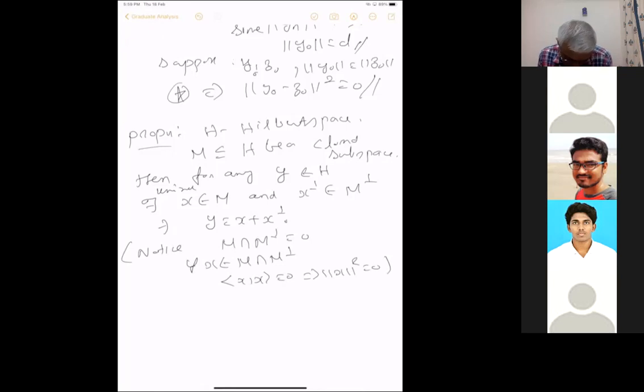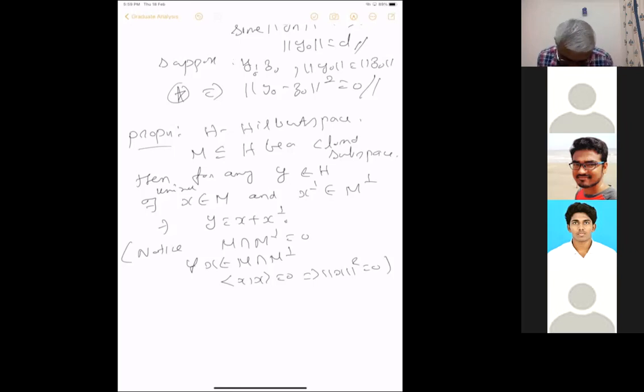So the statement till now is: if you have a Hilbert space H, and you have a subspace M, then for any y in H, there exist an x in M and an x perp in M perp such that y equals x plus x perp.